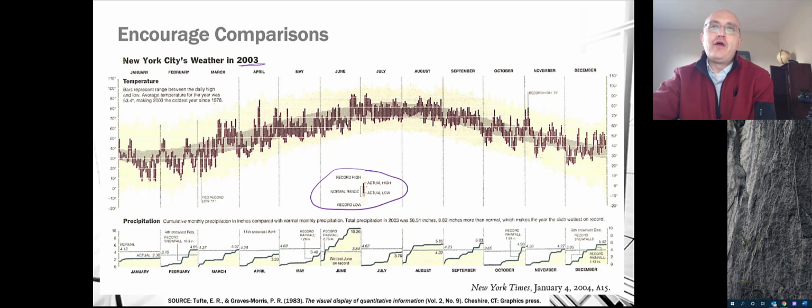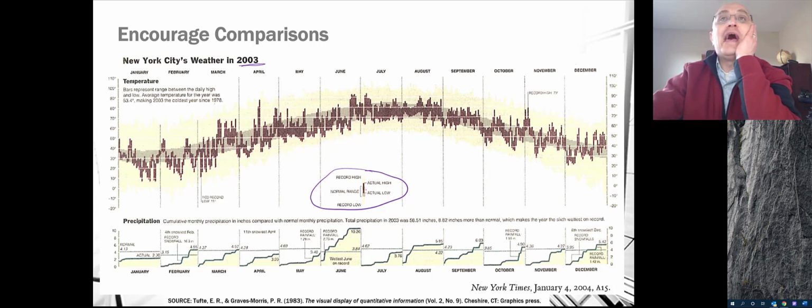So the yellow tells us how cold and how hot it has gotten historically, the coldest and the hottest. The gray tells us on average how cold and how hot it gets at that time of year. And the maroon tells us what the specific high and low was that day in 2013.